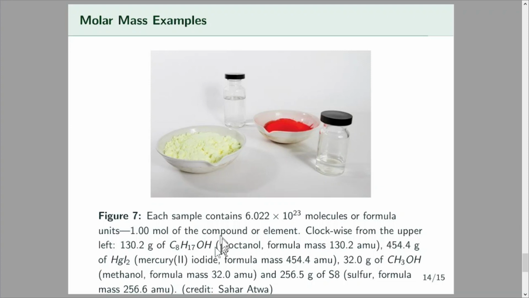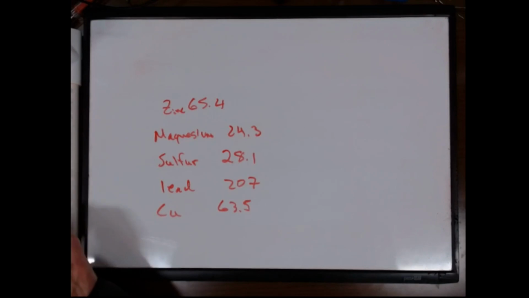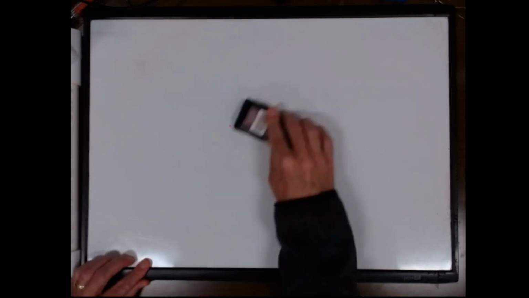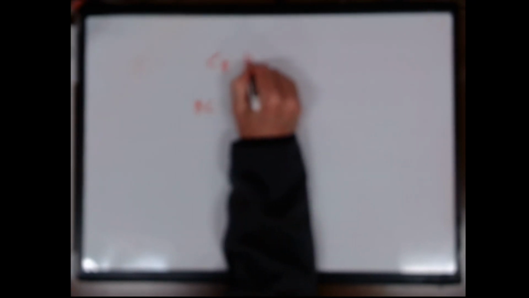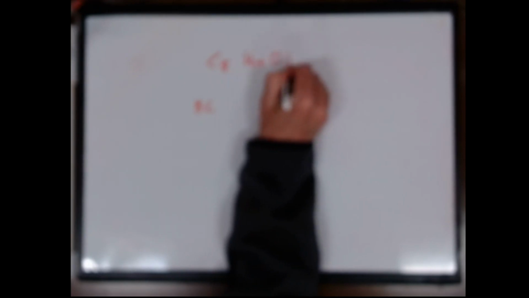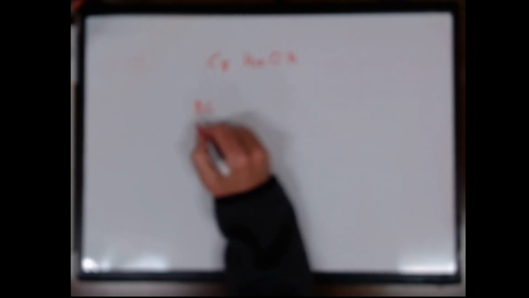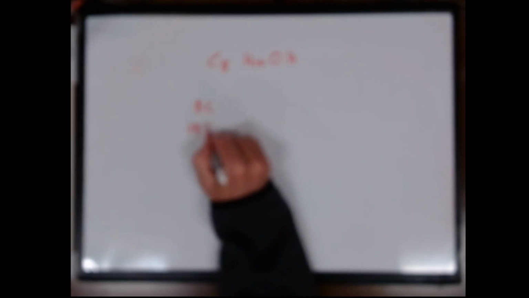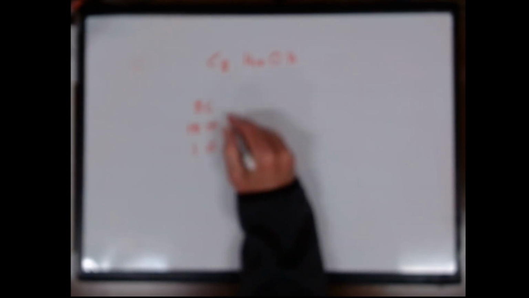And so if we wanted a mole of these molecules, let me just switch to the sheet here for a second. So I wrote those down. Let's say we wanted a mole of this octanol stuff, right? It's going to have 8 carbons. C8H17OH, so it's technically got 8 carbons, it's got 18 hydrogens, and it's got 1 oxygen, right?